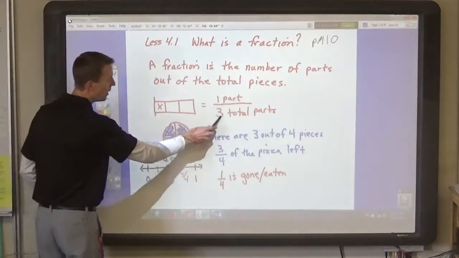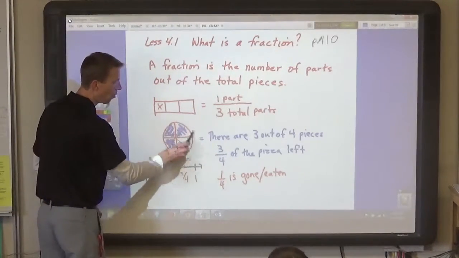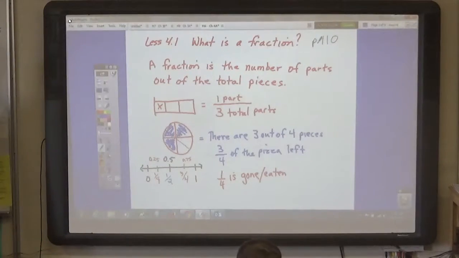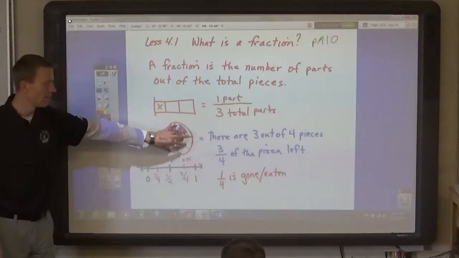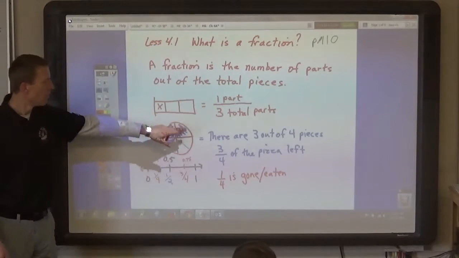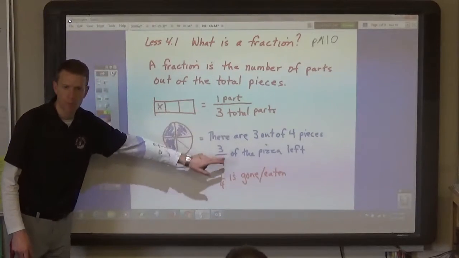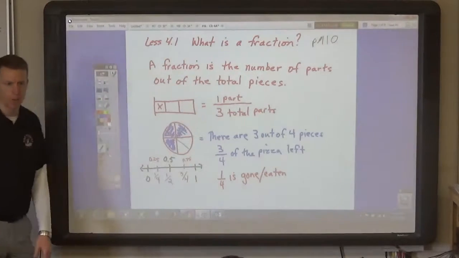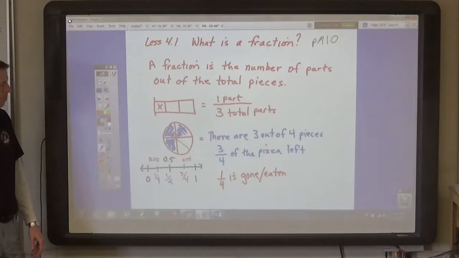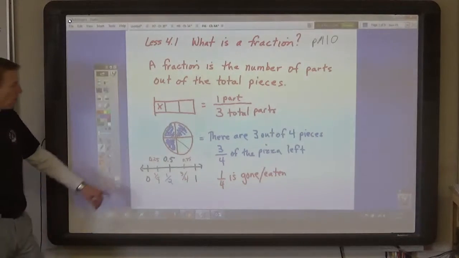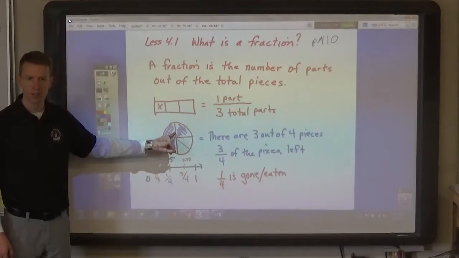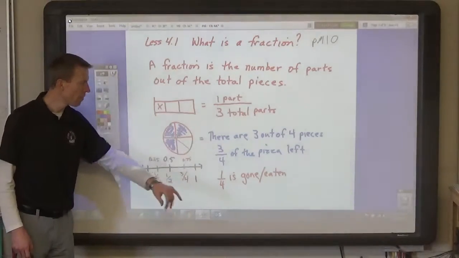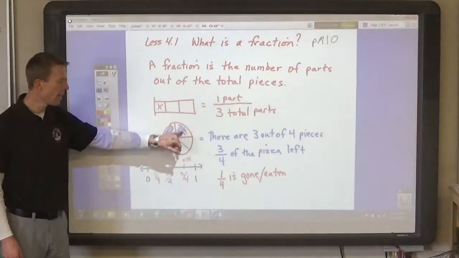The bottom number on each of these tells you how many total pieces there are, whether it's just a diagram or whether it's pizza or a pumpkin pie or whatever. This always tells you the total number of pieces when we're talking about this type of fraction. So it means that there are 4 total pieces in the whole. And then since one of them is missing, 3 of them are left.